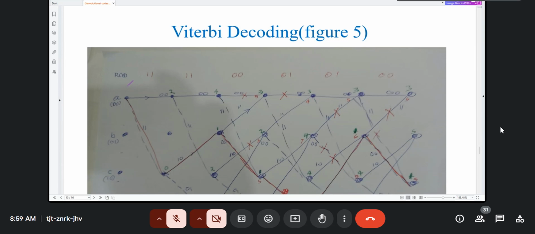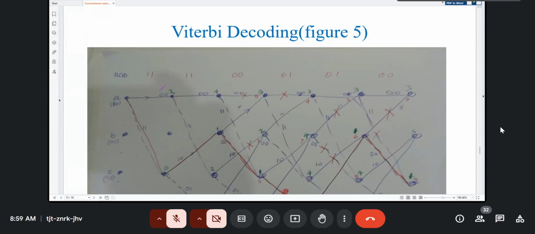But we are saying that we have received 1 1. So we have two possibilities. If we received 1 1, since you are coming from 0, if what was meant to be sent was a 1, when you're in this state, you would have received... sorry, if it was a 0, you would have received 0 0.